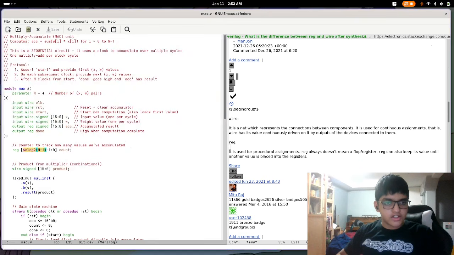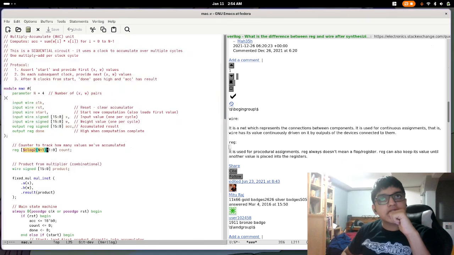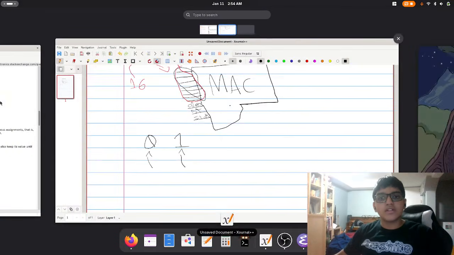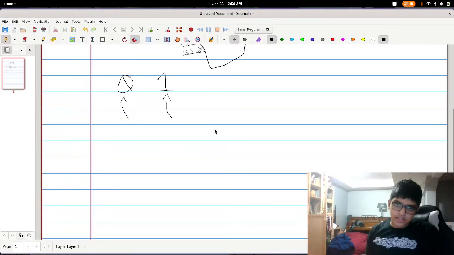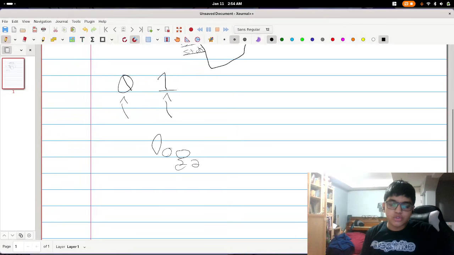This is just figuring out how many bits we need to hold the count. This minus one is because we start at zero. This takes log base 2 of n, which is equal to the count bits.